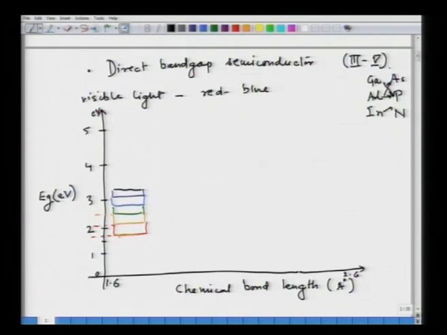In this 3-5 system, the first system which was used for making LED was gallium arsenide, and if we look at the gallium arsenide, it has the D value closer to this, and it gives emission in red or yellow.